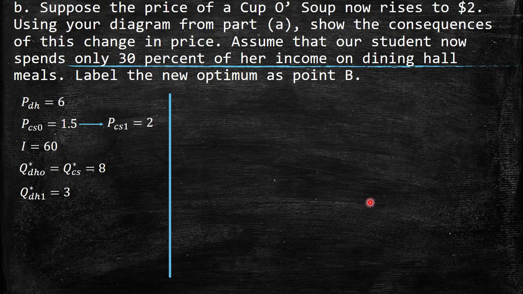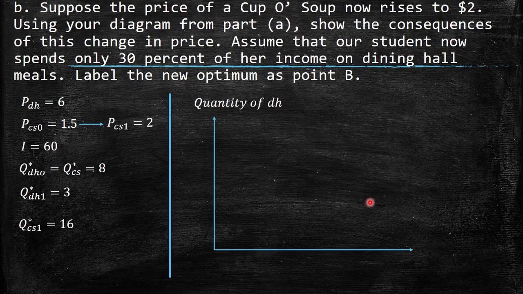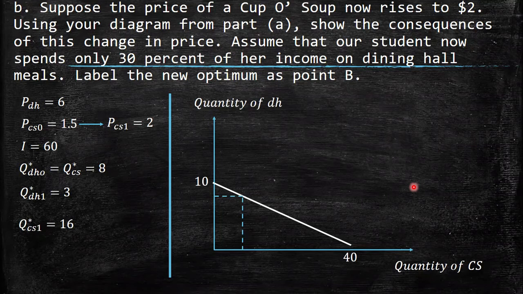Here is the situation that we already found. Then we have the first situation, which is this one. We already knew that this was the optimal in the first part, and then this is the movement of the budget constraint. Why? Because the price of the dining hall doesn't change. So if you devote all your budget to consumption for dining hall, you will finish with the same quantity.